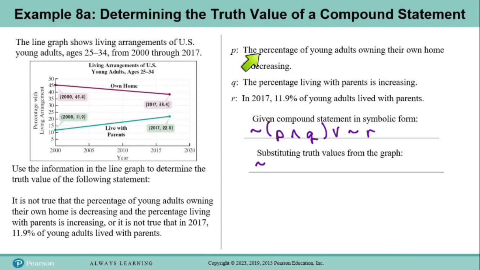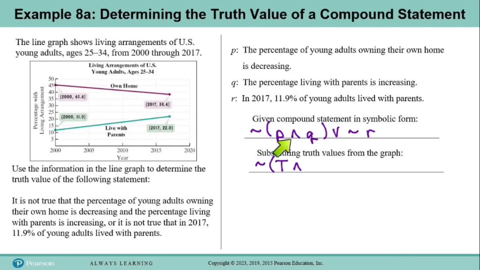So statement P said the percentage of young adults owning their own home is decreasing. So here is the line that shows what percent own their own home, and sure enough, that line is sloping downward to the right. So it does look like statement P is true. So I'm going to have parentheses and then a true.